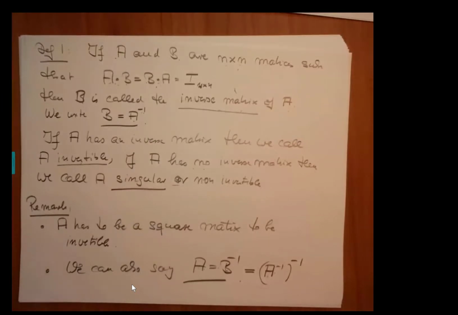Okay, before we move on, if you think about the regular numbers, the real numbers, which are 1-by-1 matrices, what is the only number which has no inverse for the real numbers? 0. Yeah.